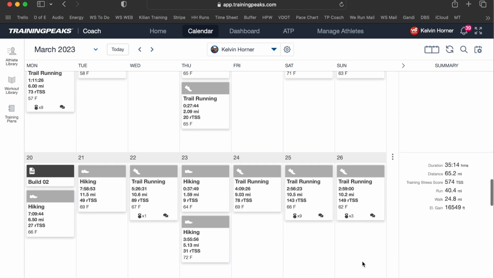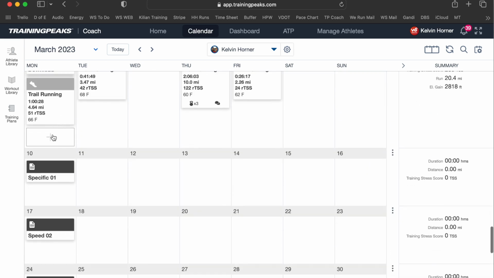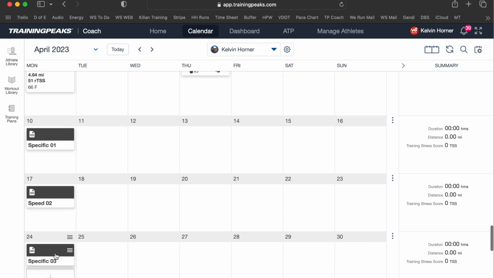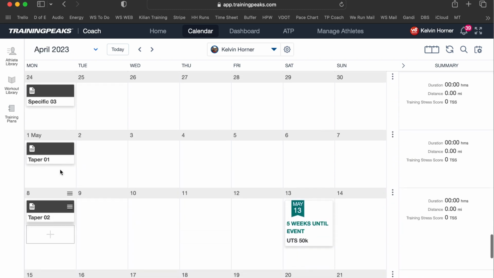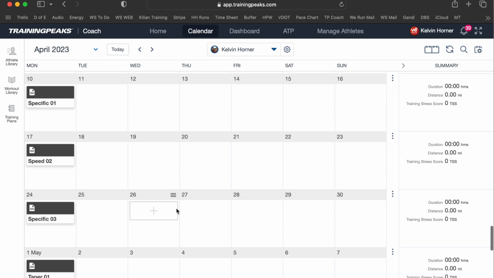So this is my training, and I pop a note at the start of the week: build week 3, download, specific 1, specific 2, specific 3, taper 1, taper 2, and then I've got an event, Ultra Trail Snowdonia 50k, and then a couple of recovery weeks. The reason that I like to do it like that is I actually get an email at the start of each week that tells me if there's a workout or a note.